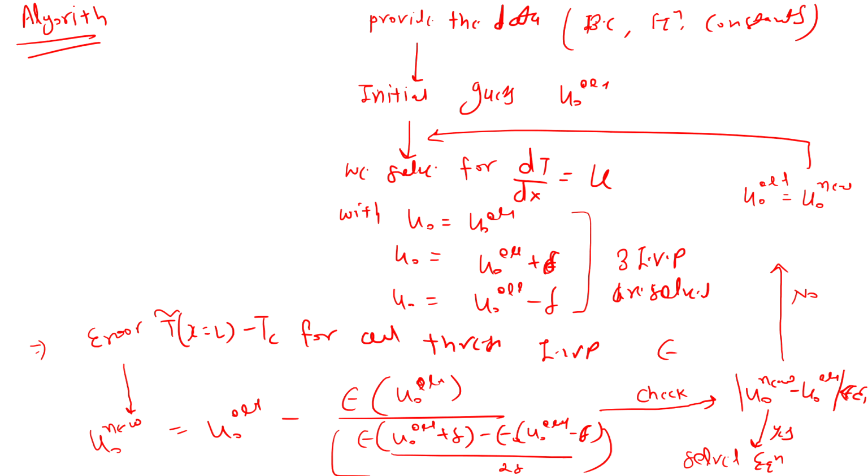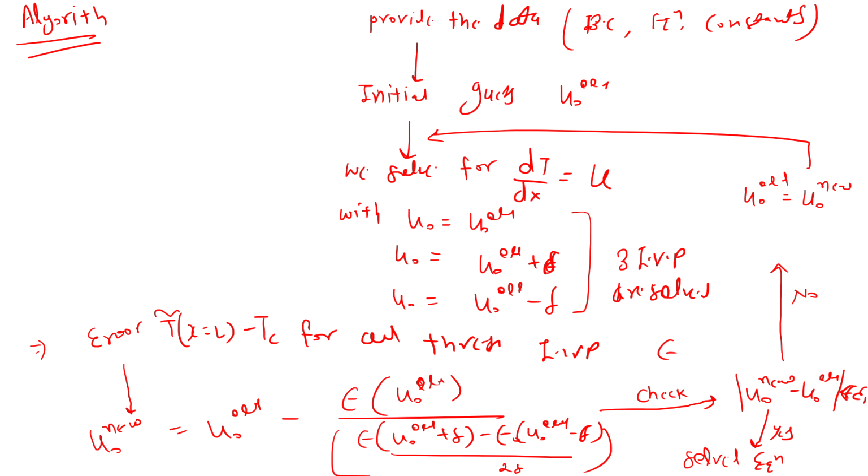And for all these three initial value problems, we will calculate the error epsilon, that is given as the computed value at x is equal to L minus the given value. So we have the epsilon corresponding to u naught old, the error corresponding to u naught old plus delta, and the error corresponding to u naught old minus delta.